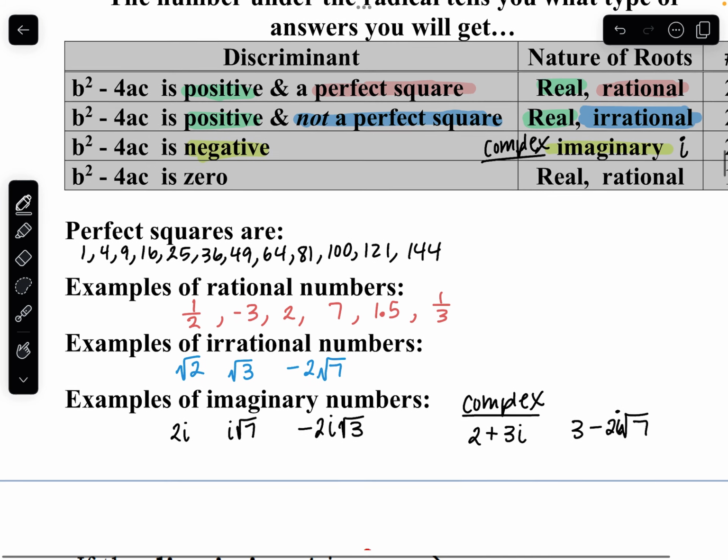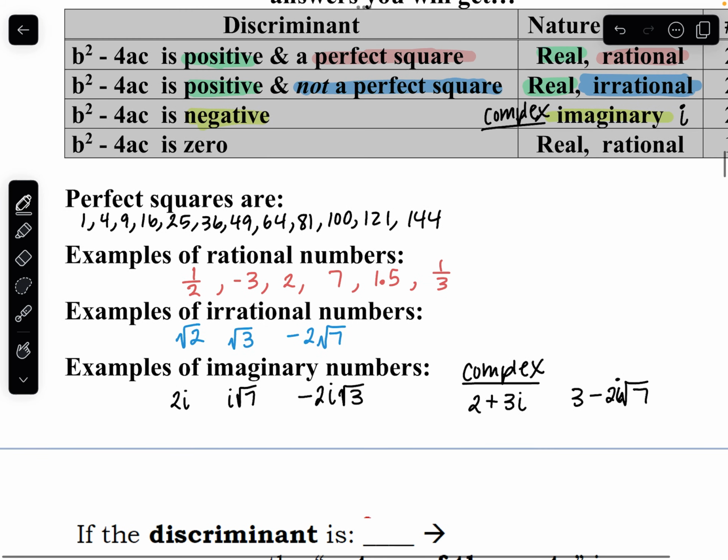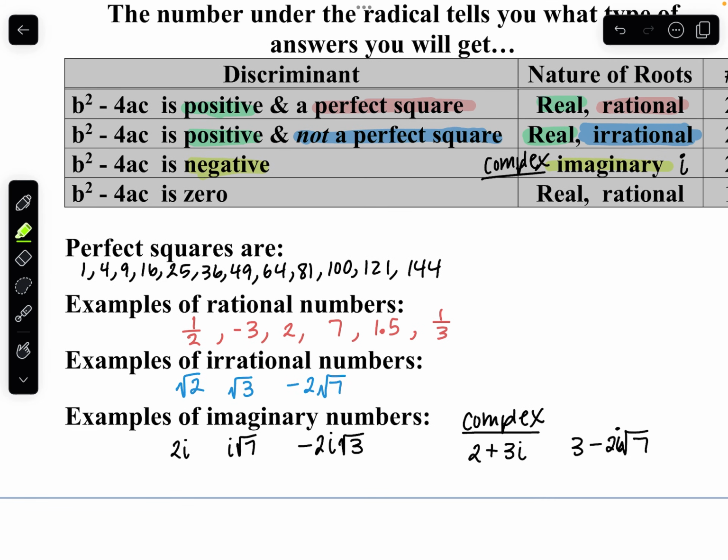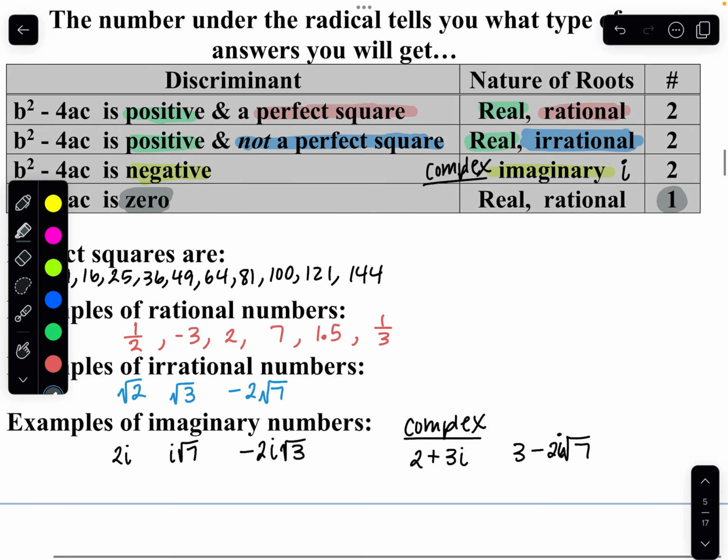At least up to 12 squared should be good. The last case we haven't talked about yet is when your discriminant is 0. That's actually a very special case. If your discriminant is ever 0, you're only going to have one solution, and it's going to be real and rational, but you're just going to have one solution.